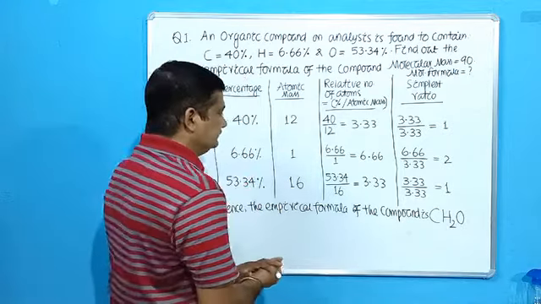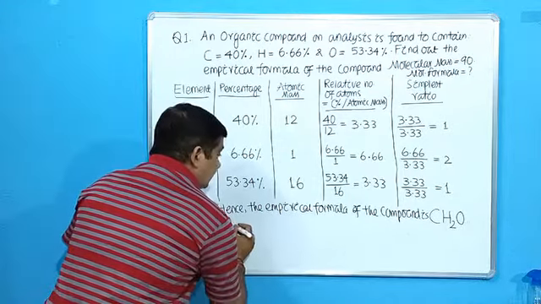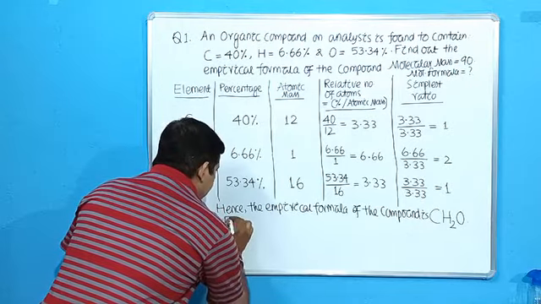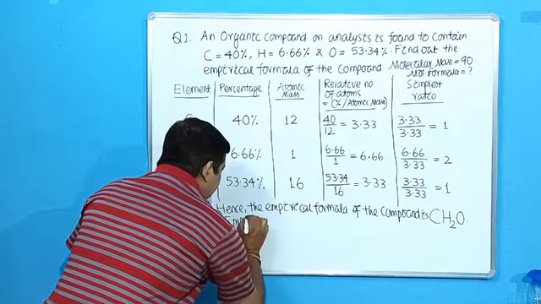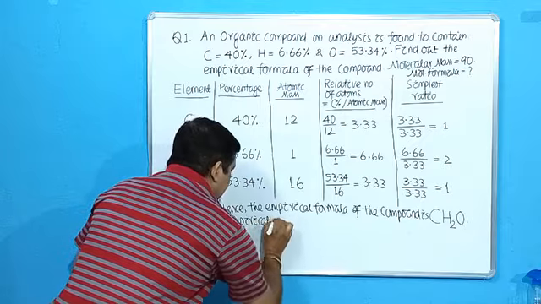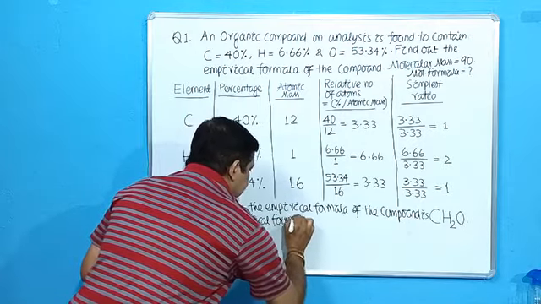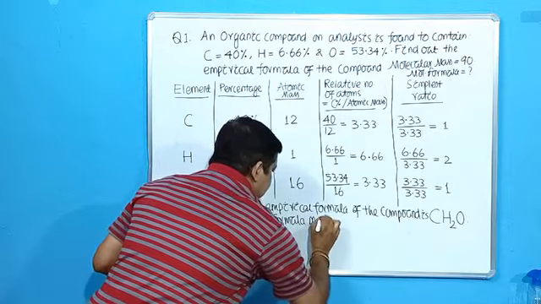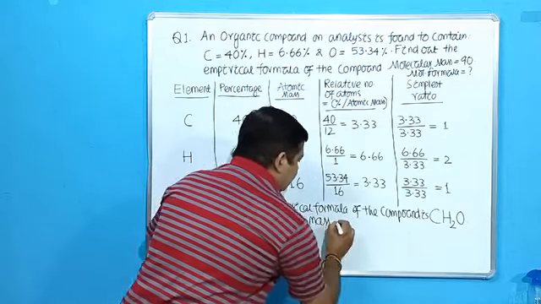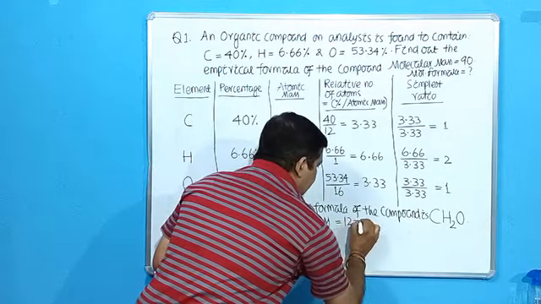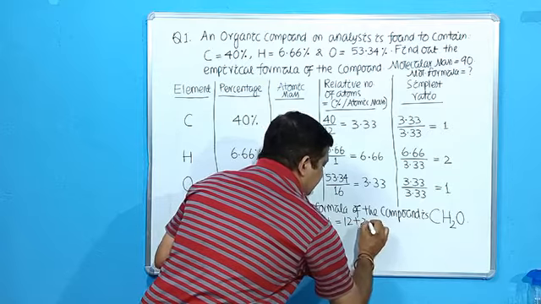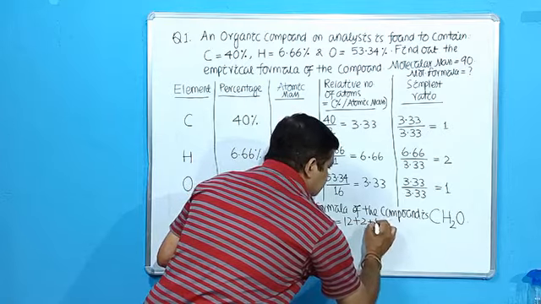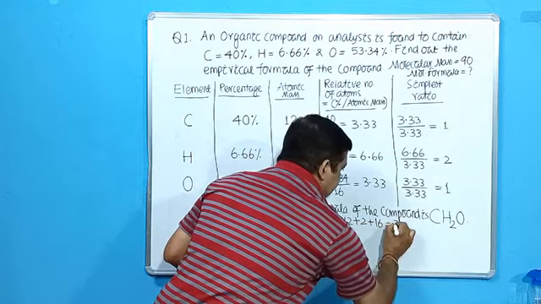See, CH2O, what will be the empirical formula mass? Carbon 12, hydrogen 2 means 2, oxygen 16, so that is 30.